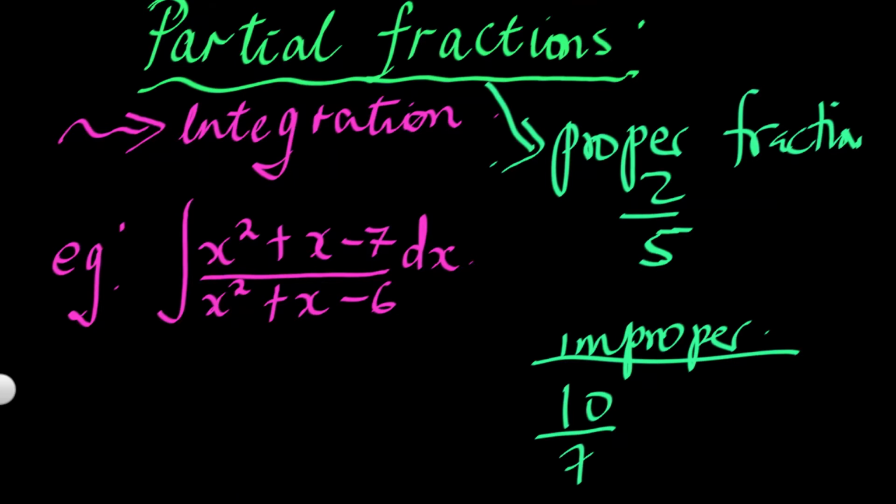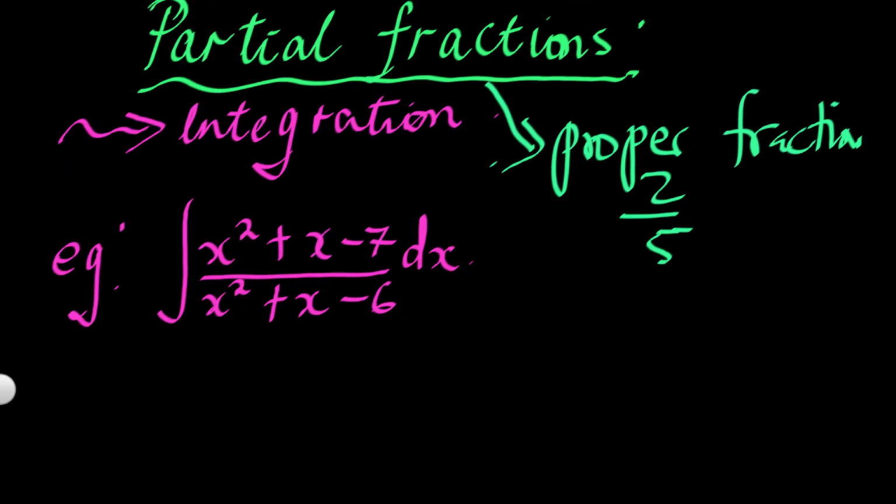Now the question is, how do we see that we have an improper algebraic fraction? Because this is an algebraic fraction that we have here. How do we know that it is a proper fraction or it is improper? This is what you look at.